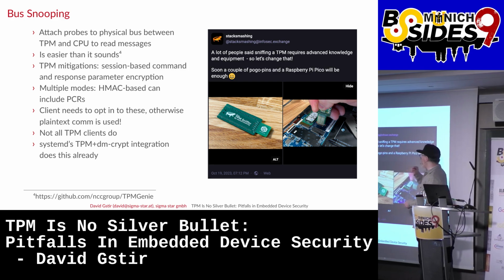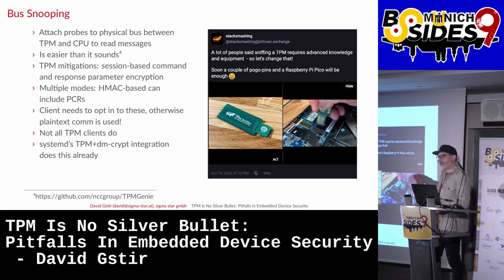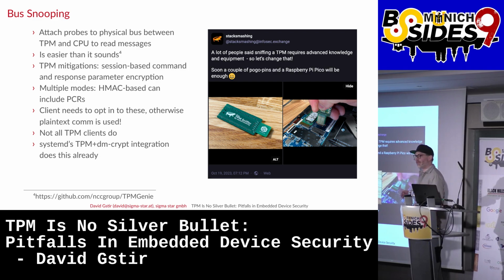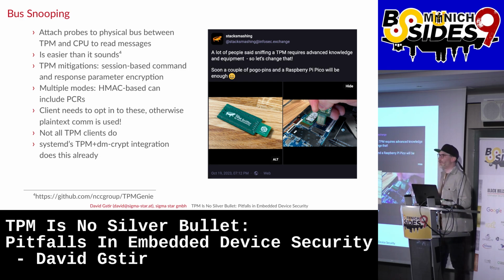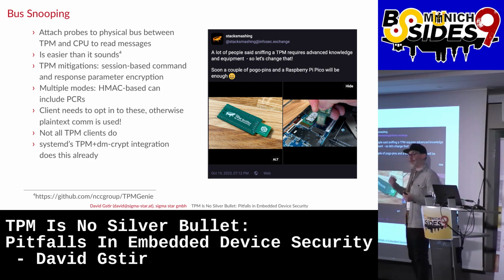It's a lot easier than it sounds. There's really hardware you can just buy for a bunch of euros and use that, and then listen on the bus lines, what the TPM and the CPU are actually exchanging. Because oftentimes vendors do forget to encrypt that.